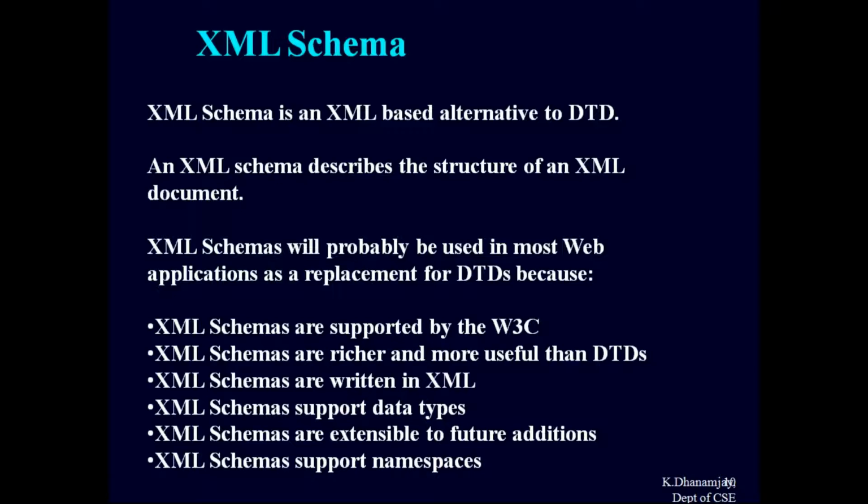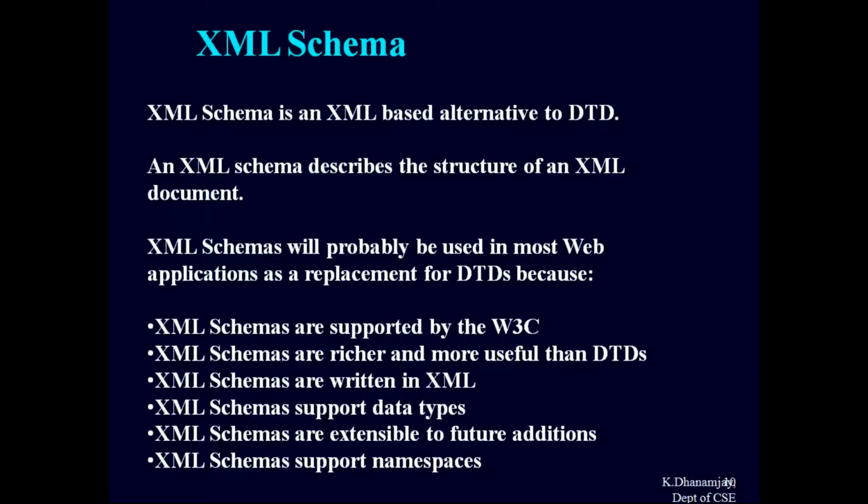So XML schema is an XML based alternative to a DTD, and it describes the structure of an XML document, and we will probably use it in most web applications as a replacement for DTDs. Just now I gave information about DTD, which doesn't support different data types, whereas XML schema supports different data types for the data.